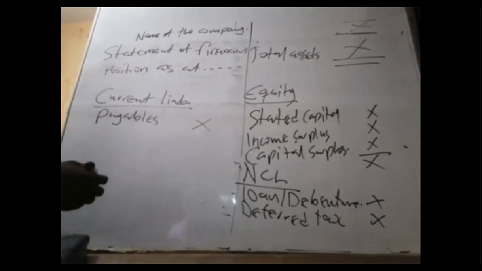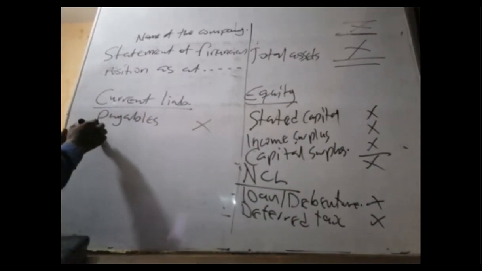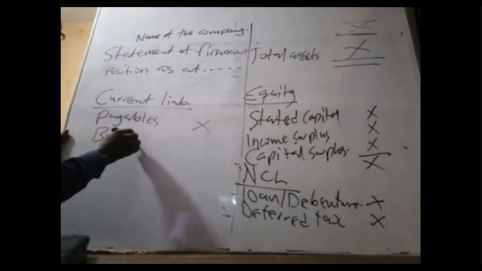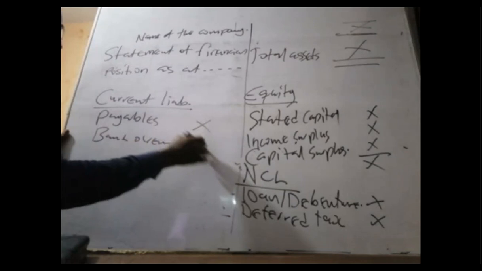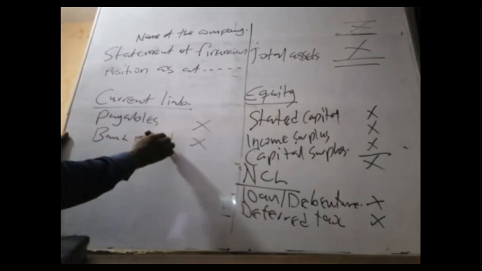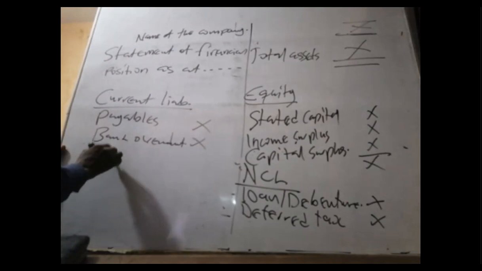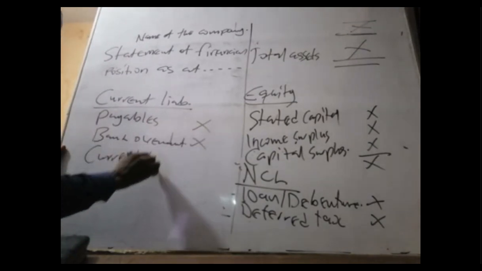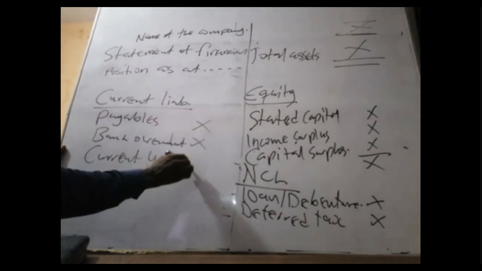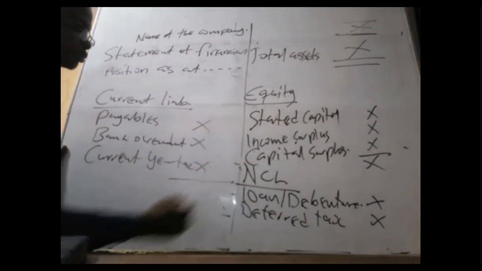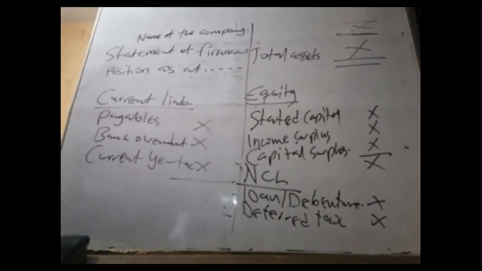The next one is probably, if you have, bank overdraft, then you have what you call current year tax. That is all. Put all the liabilities together.